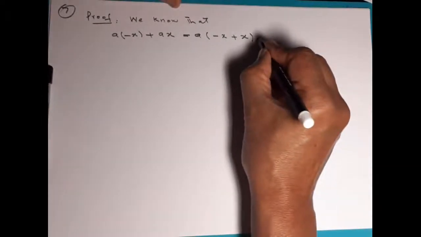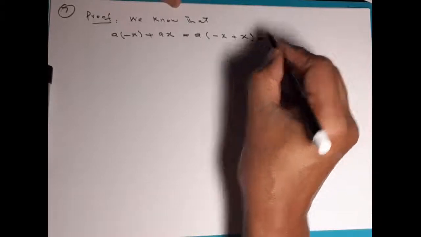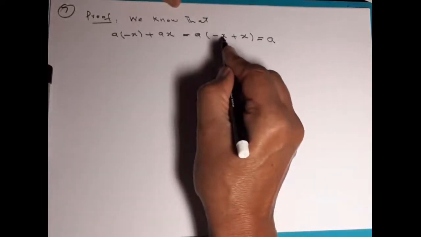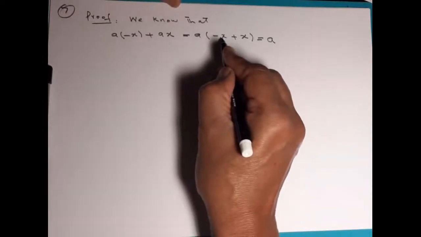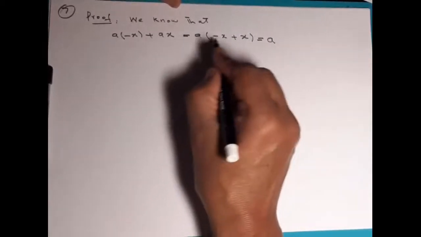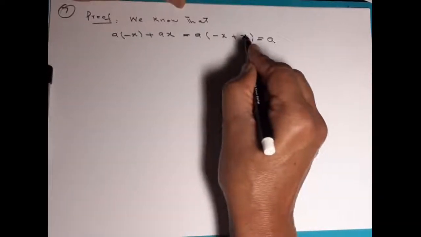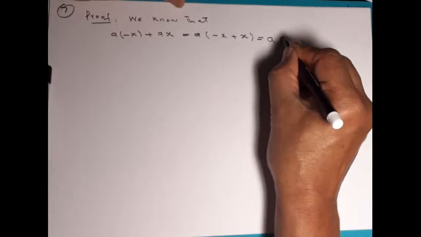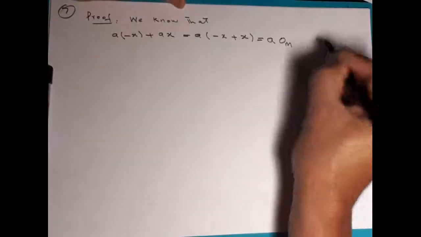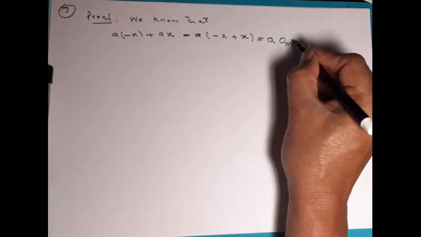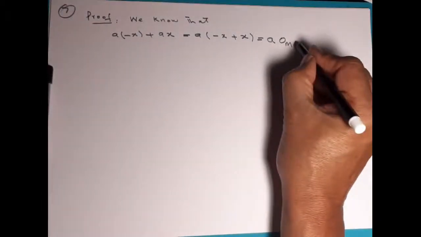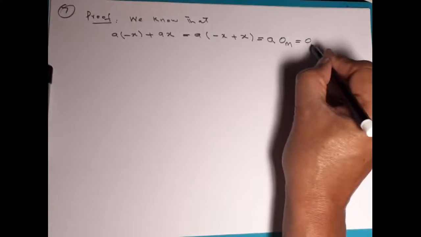A is an element of the ring, x is an element of the module, therefore minus x plus x will be equal to 0 of the module. And we have proved that an element of the ring multiplied with 0 of the module is equal to 0 of the module. Therefore, A multiplied with 0 of the module is equal to 0 of the module.